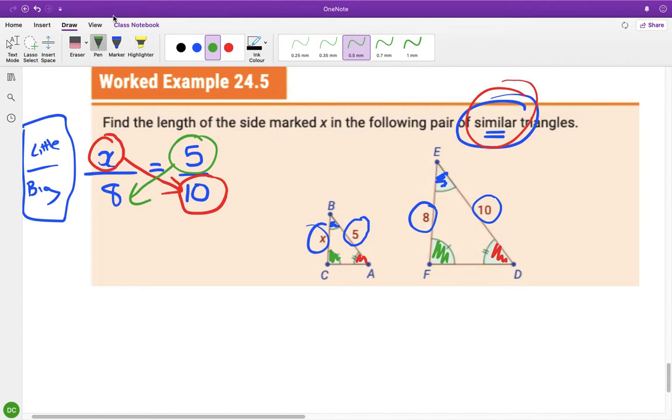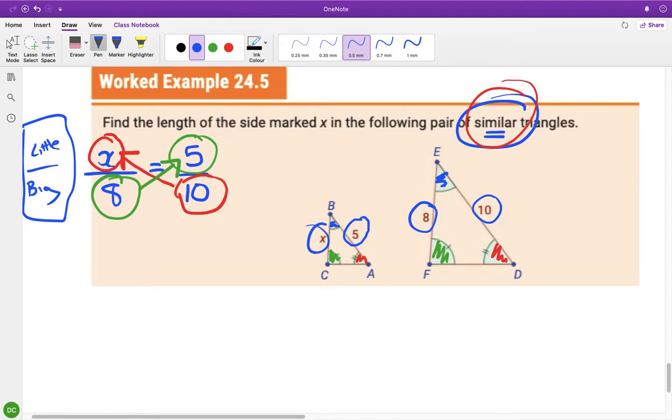So essentially, I'm going to actually change my arrows because what I want you to do is not multiply down. I want you to multiply up. So I want you to multiply that 10 up by the x, and I want you to multiply this 8 up by the 5. Okay, so hopefully you remember this. We did a bit of this last year.